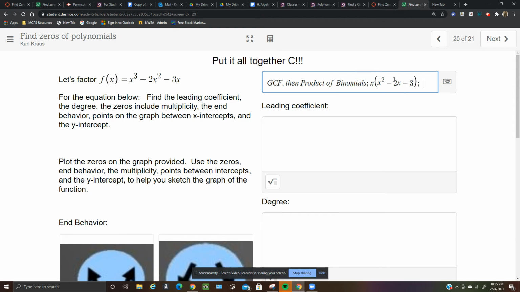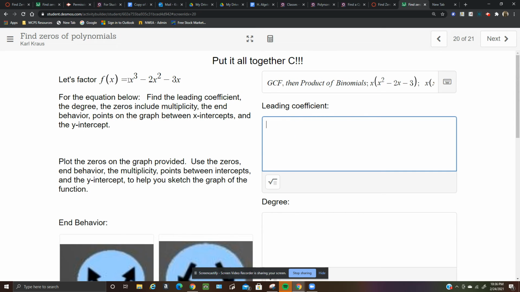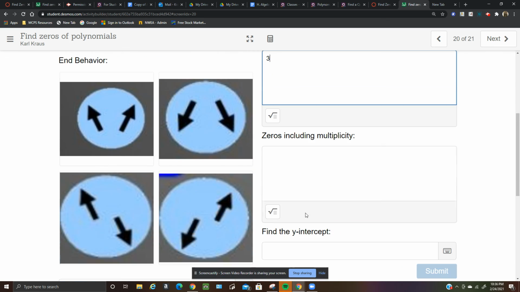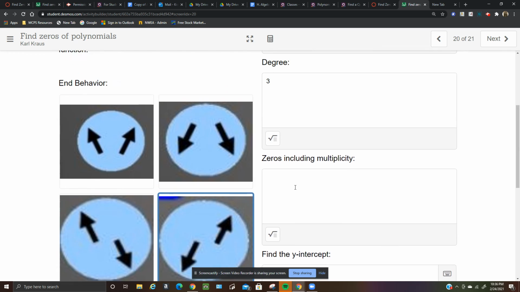So factors of negative 3 that give you negative 2 are negative 3 and 1. Leading coefficient here is 1. Degree is 3. The ends look like that.